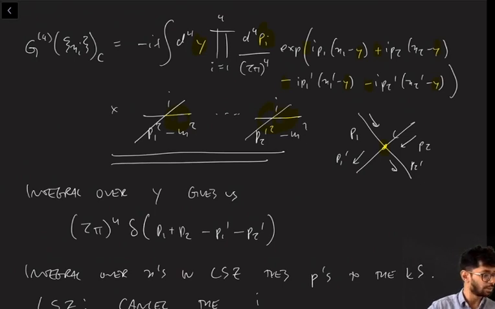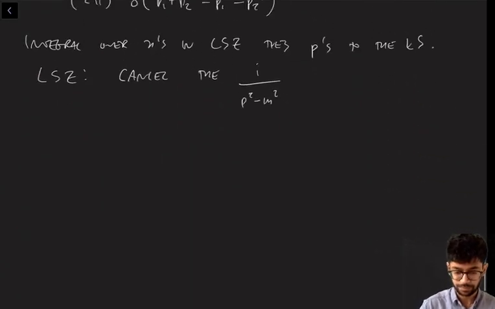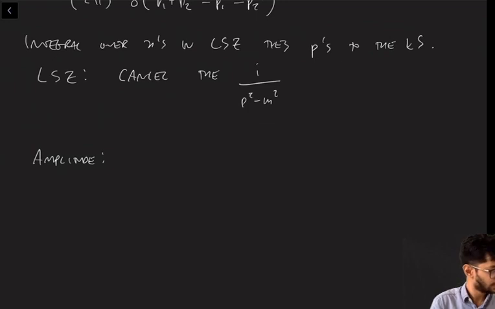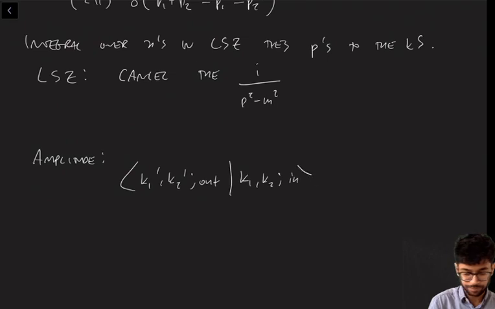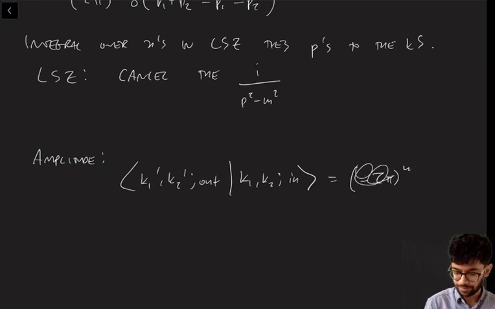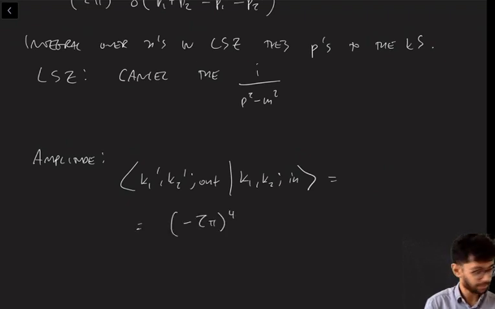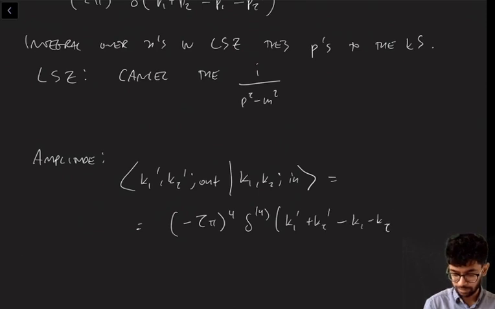And so at the very end, what we find for the amplitude, so not for the correlation function, but for the amplitude, is that k1 prime, k2 prime out inner producted with k1, k2 in is just equal to minus 2 pi to the fourth times delta of 4 of k1 prime plus k2 prime minus k1 minus k2.